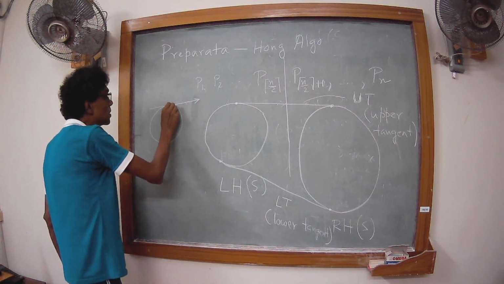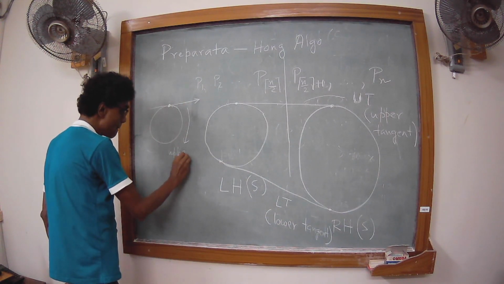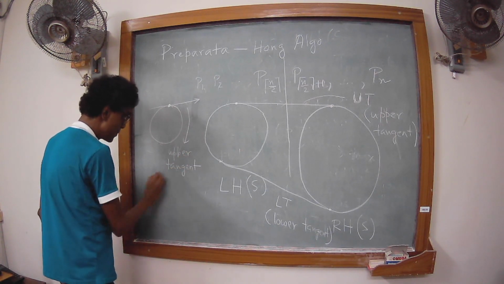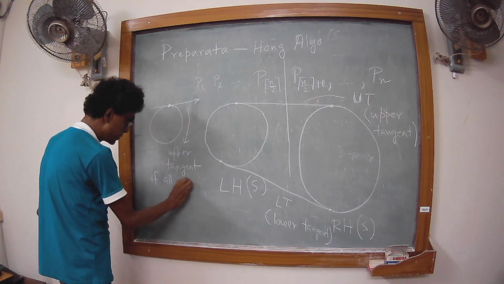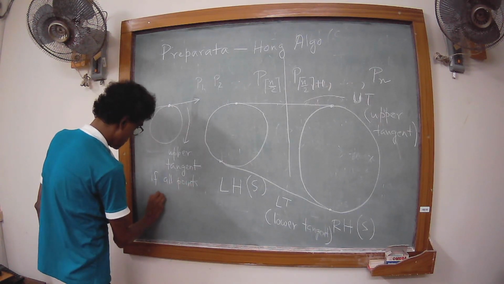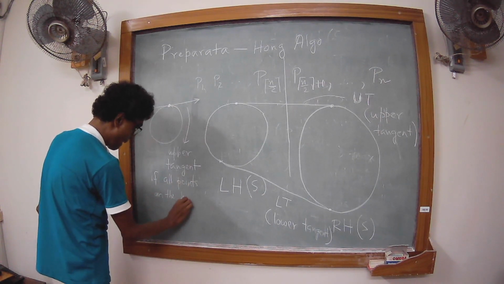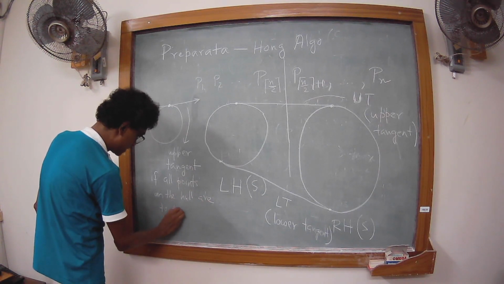So, this is called an upper tangent if all points on the hull are to the right.